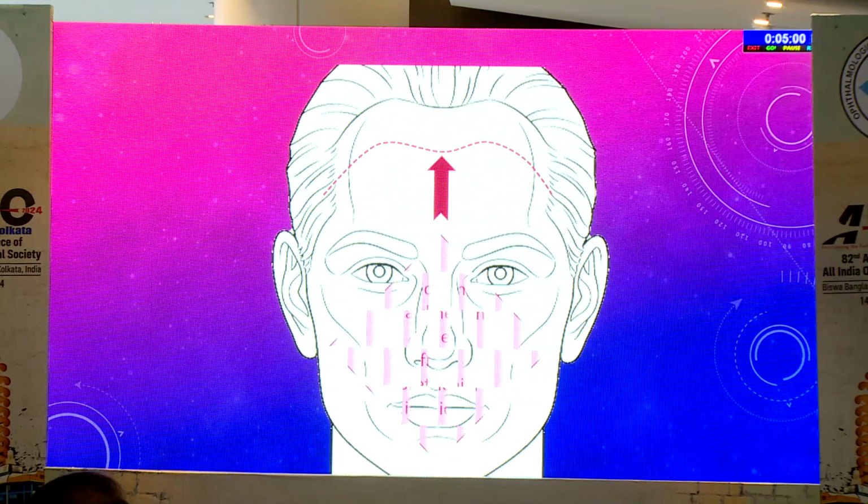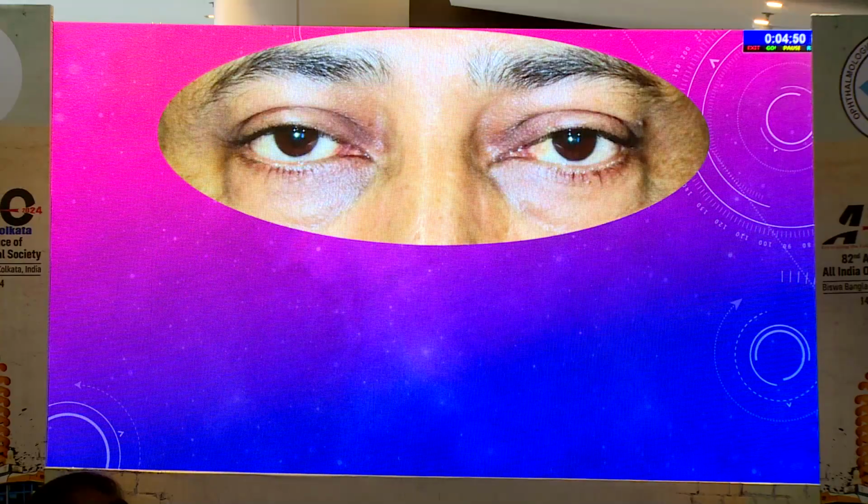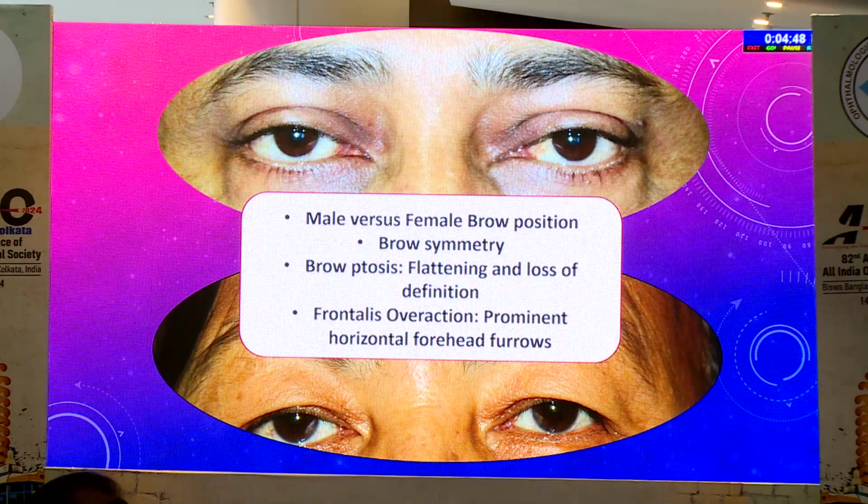In case of male pattern baldness, wherein there is a receding hairline, these patients, if they are undergoing any kind of surgical treatment, can benefit from pretrichial incisions. Now, male versus female brow position.